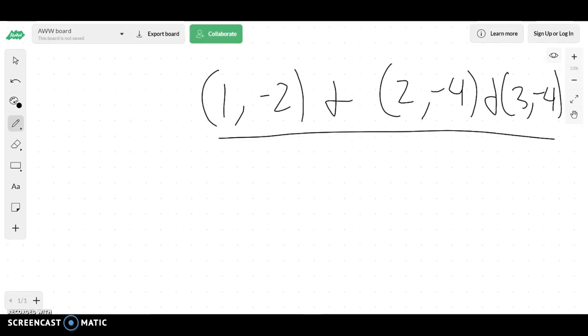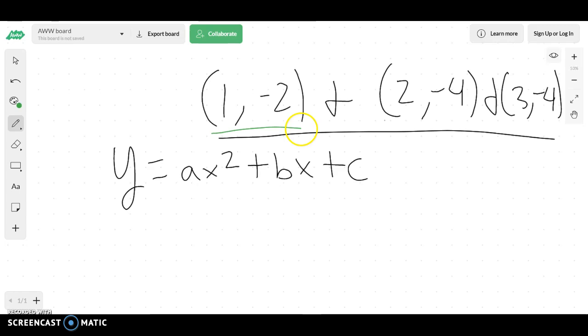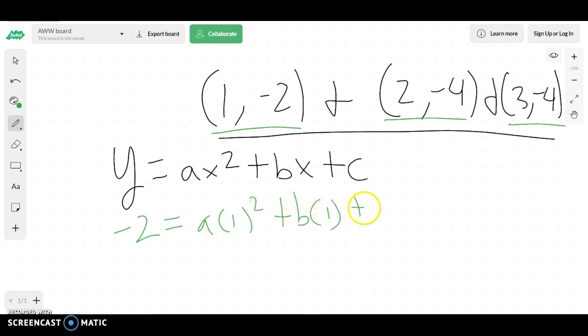So for this example, we're going to use standard form for it. And we know the standard form equation is y equals ax squared plus bx plus c. And so we're going to use these points to help us out. We're going to make 3 new equations based on these points right here. So the first one would be negative 2, instead of putting y, I'll put negative 2, equals a 1 squared plus b 1 plus c.